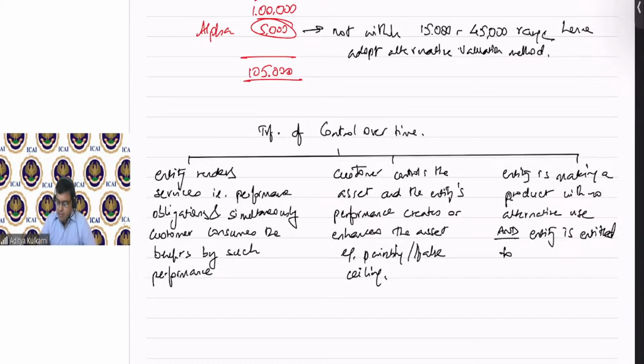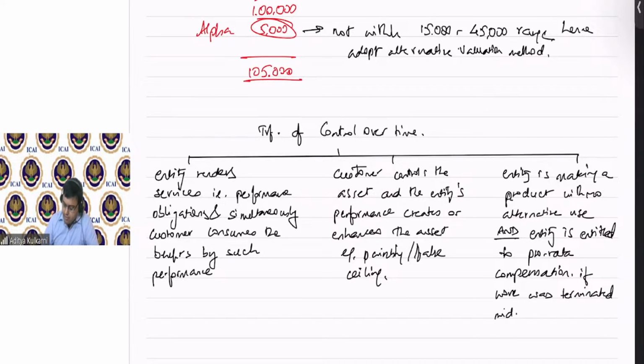The entity is making a product with no alternative use, and the entity is entitled to pro rata compensation if the work was terminated midway. So the entity is making a product with no alternative use.